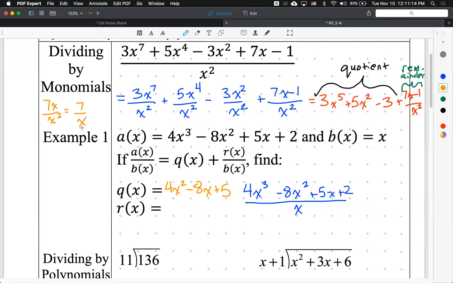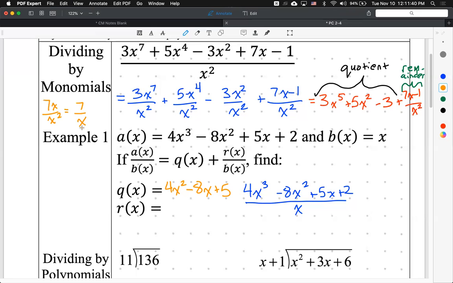But I'm trying to set you guys up for these types of problems where there's only one type of denominator, and that denominator is b of x. This denominator is some other, not x squared. So you could have, but I'm trying to set you up to do problems like example 1, 2, and 3. And also in Khan Academy, they want you to do the same thing that I'm doing here too. So it works out. Yeah, good question.